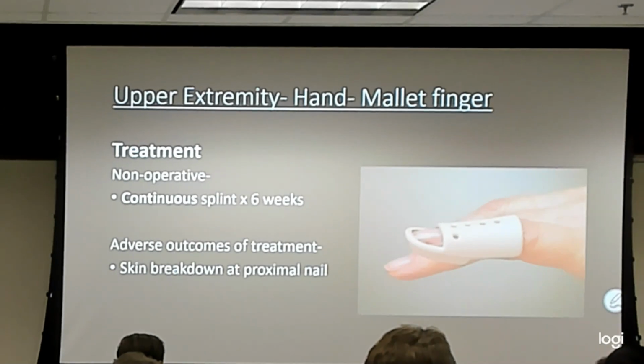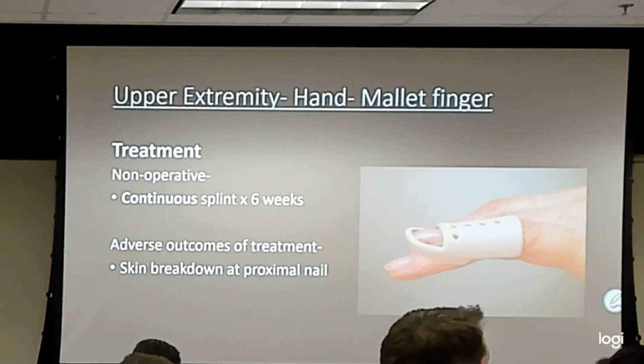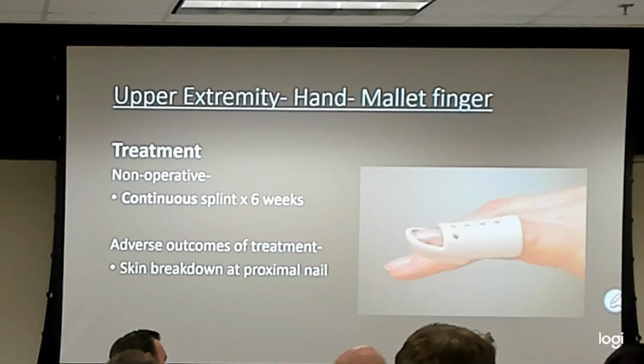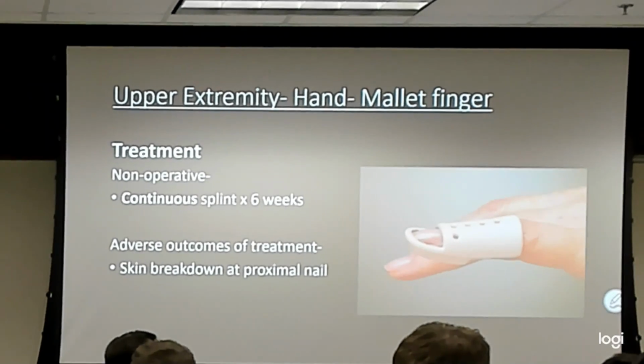If you leave your finger like that, that's like getting no blood, and it will actually die. So they'll get skin breakdown at the proximal nail, and that avascular nature will cause nail deformities and can cause an infection. It's like paronychia gone wild. We just need to teach them, if that starts to happen, let us know so we can adjust your splint or whatever we need to do.